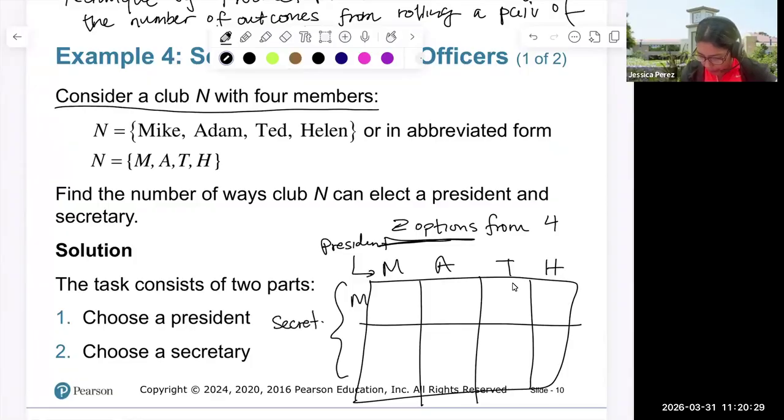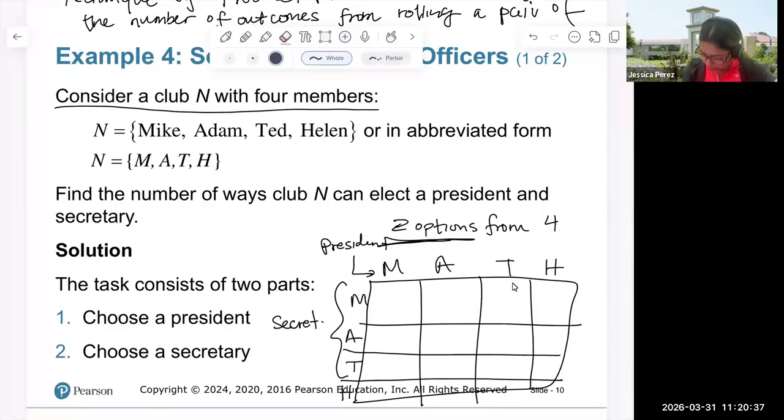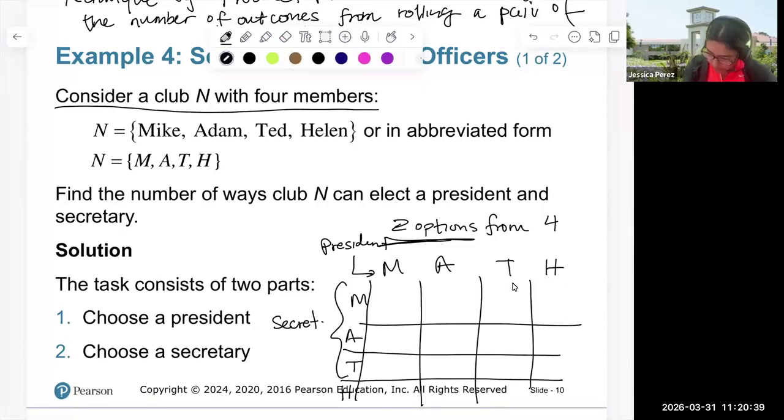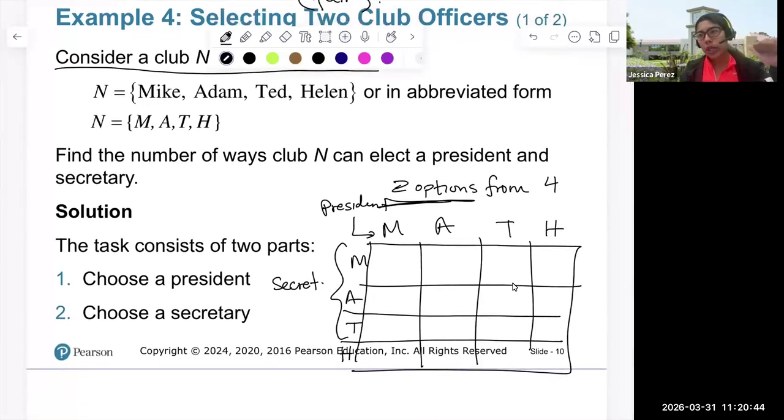So that would be Mike, Adam, Ted, and Helen. So you have another 4 options down here. But note that if you are a president, you cannot be a secretary. So let's try to do our table.